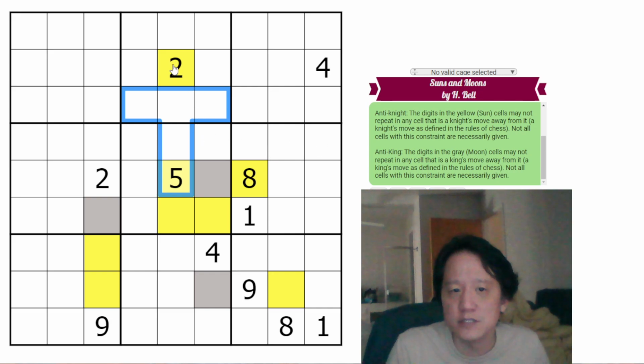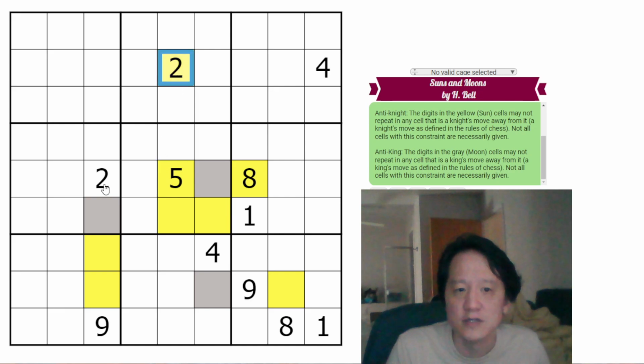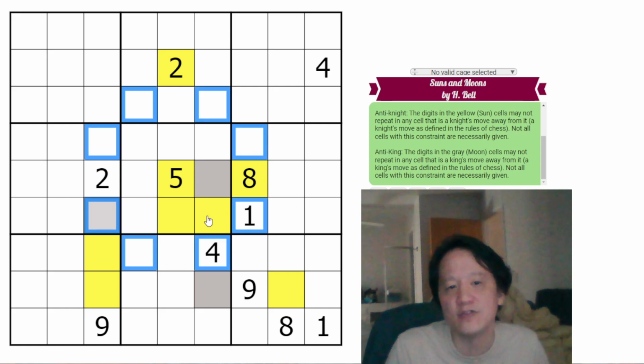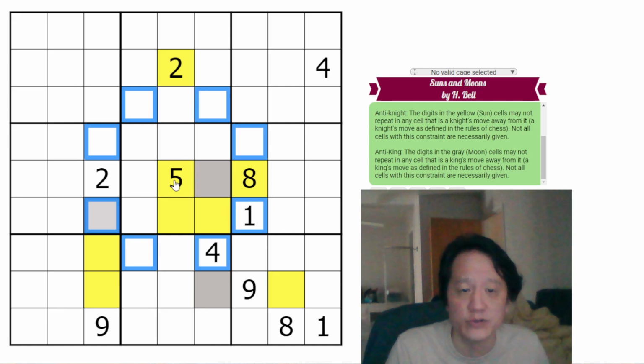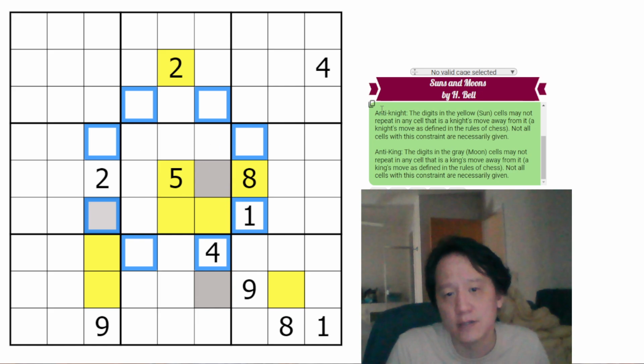So the digits in these yellow cells cannot be repeated. So that means, for example, this 5 cannot be in specifically these spaces, along with normal Sudoku rules. But these are extra spaces where the 5 cannot be.